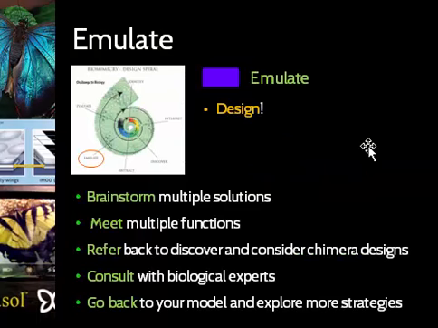Alright, so the main thing about emulate is this is where the design happens. Emulate means emulating the functions and the strategies you found in nature to perform the functions you want your design to perform. Your design is emulating what you found in nature. And we use the word emulate instead of copy or mimic because, again, you're not trying to exactly copy what you see in nature.